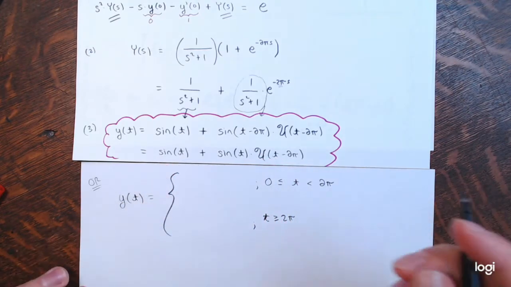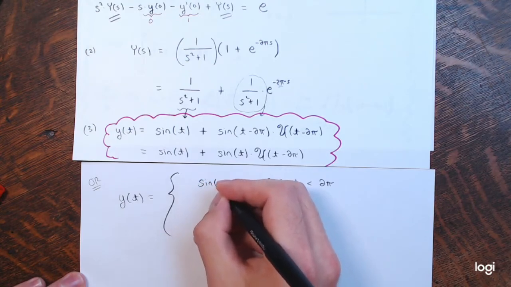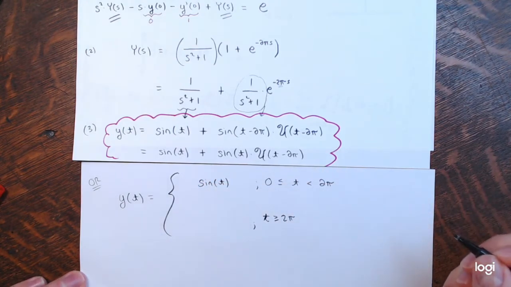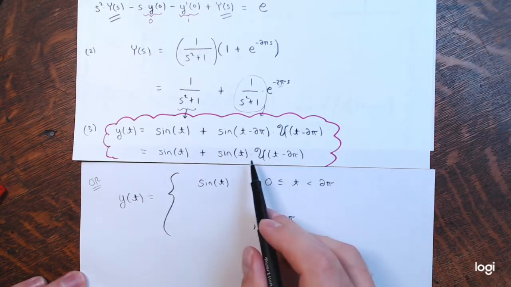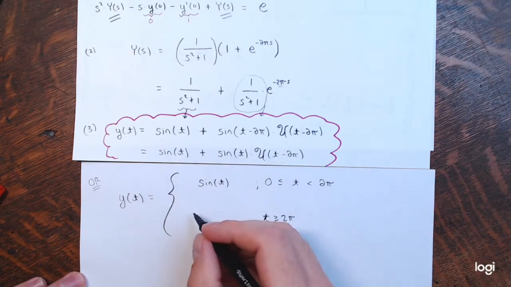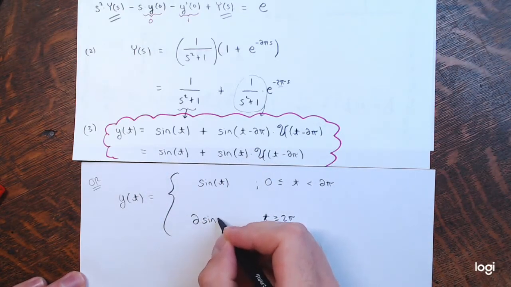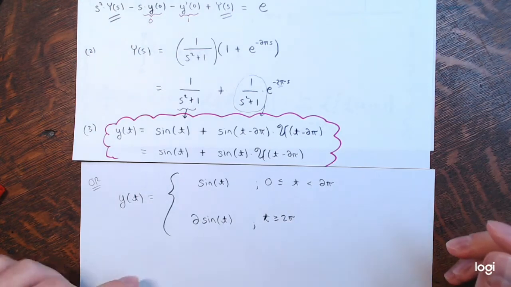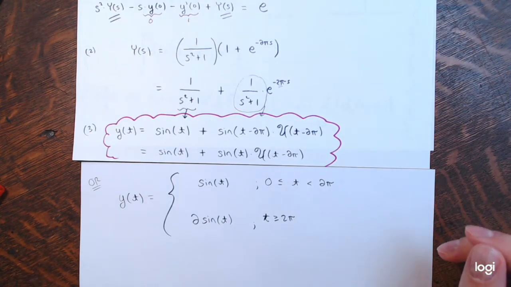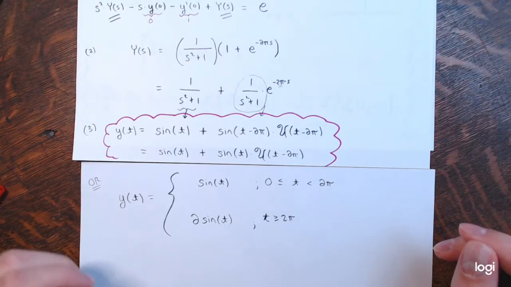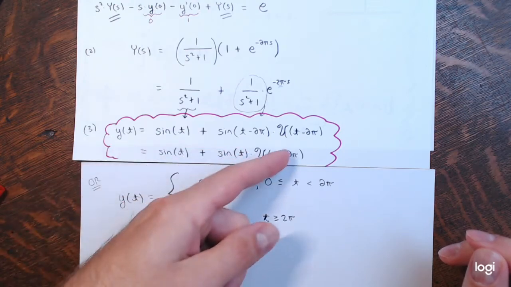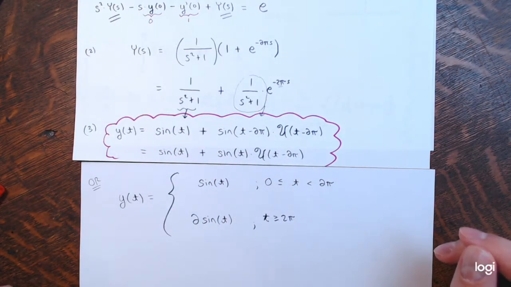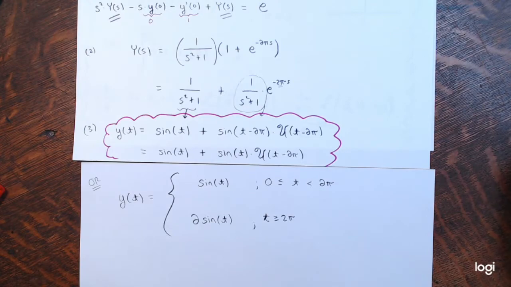So I just have y equals sine of t in that interval. But then for values beyond 2 pi, the value of the unit step function is 1. So you have sine of t plus sine of t. You have 2 sine of t for values of t at 2 pi or greater. And this is totally valid as well. This is the same function as this, only this is written with the unit step function involved. Okay, so pretty much the same thing.